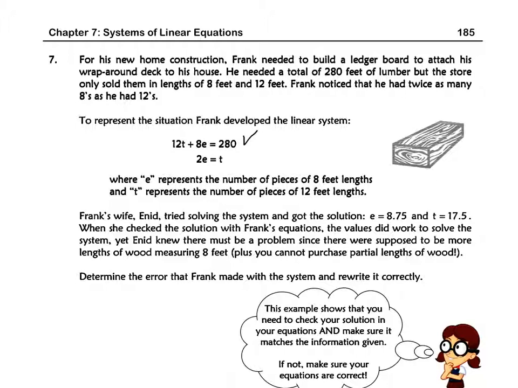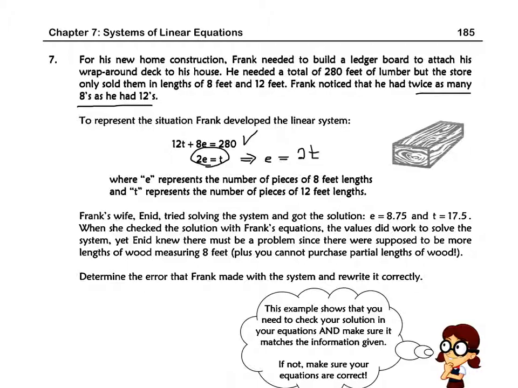And he wanted to have twice as many 8s as he had 12s. So when you think about that, that means that the 8 foot lengths should be more. So that would mean this was the incorrect equation. The number of 8 foot lengths should be 2 times the number of 12 foot lengths. That's where he made his mistake.